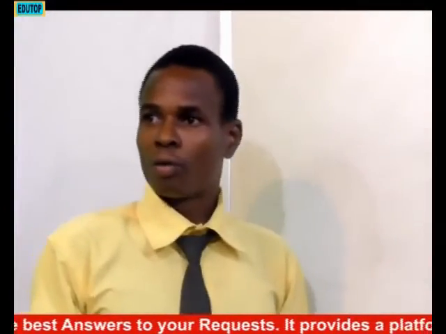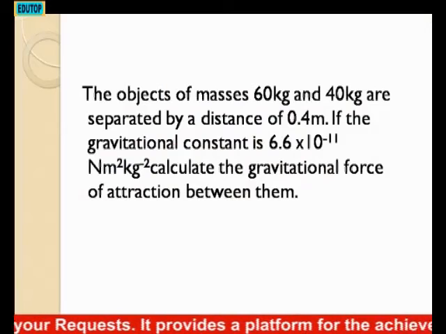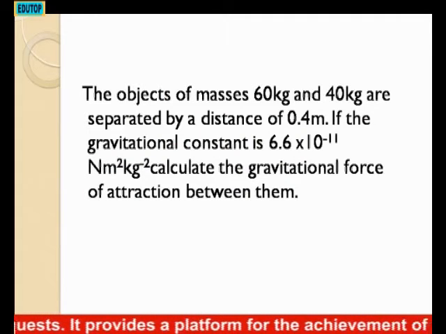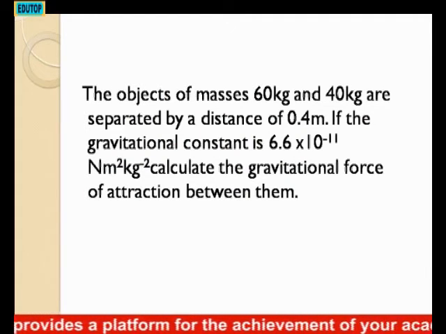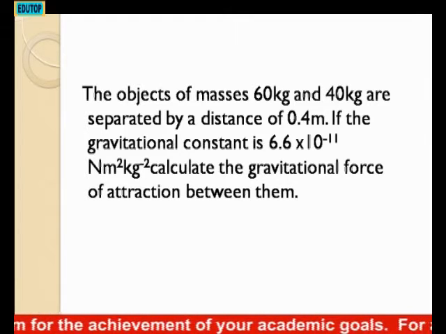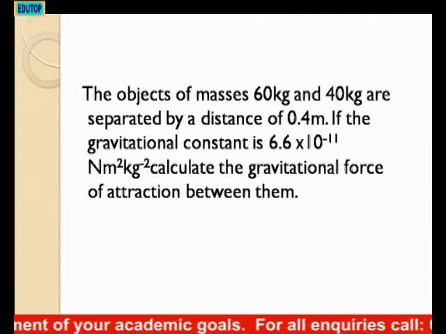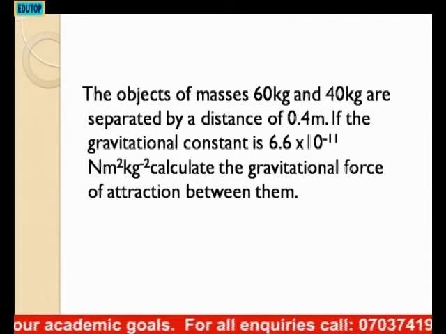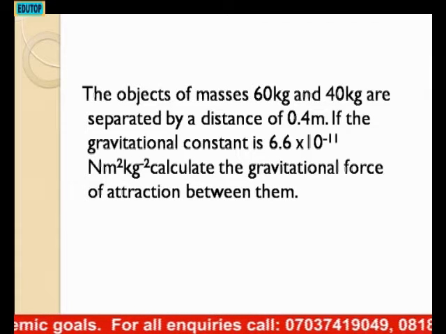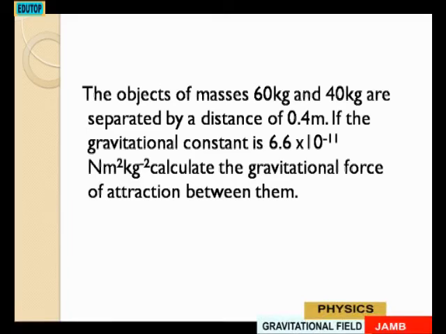Question number 4. Two objects of masses 60 kg and 40 kg are separated by a distance of 0.4 meter. If the gravitational constant is 6.6 times 10 raised to the power minus 11 Newton meter squared per kilogram squared, calculate the gravitational force of attraction between them. We are still going to pass through.